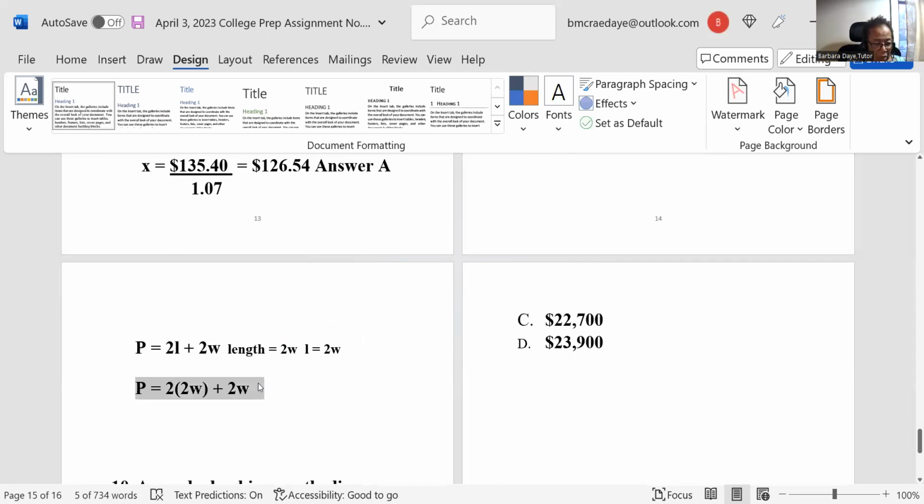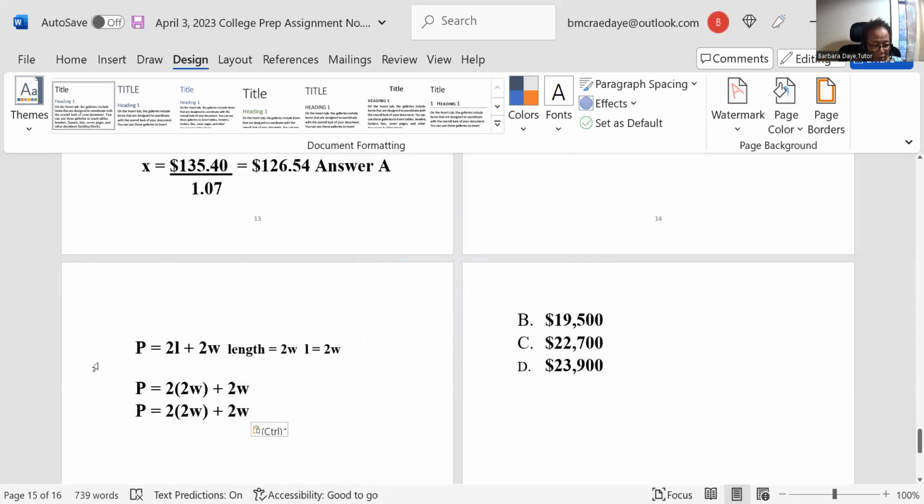Let's copy that. Maureen multiplied 2 times 2, got 4W, and added the 2W, so she got 6W. Now they gave us a value for the perimeter. What was that value, Maureen? 480.